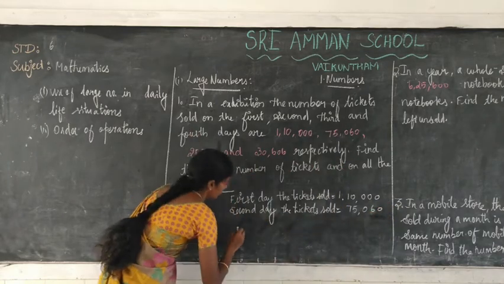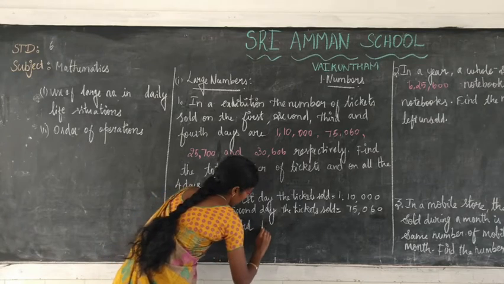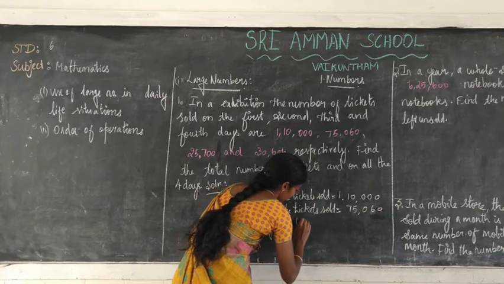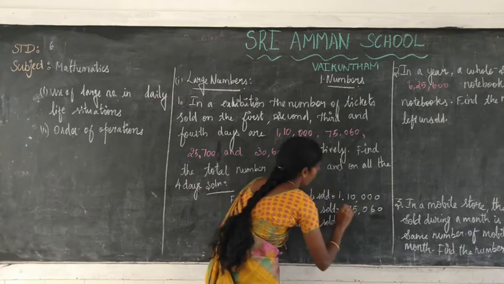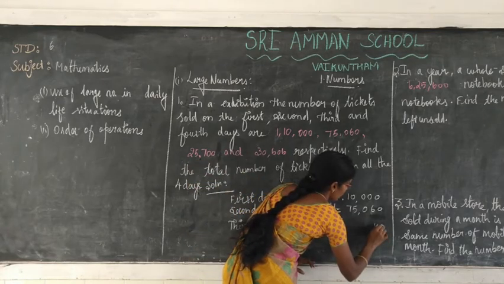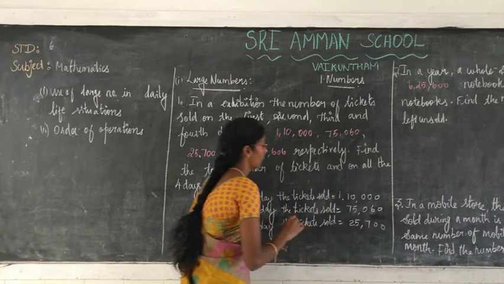The third day, the tickets sold equal to 25,700: 0, 0, 7, 5, 2.